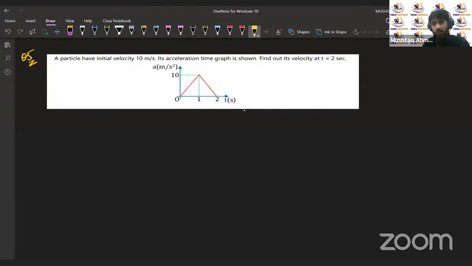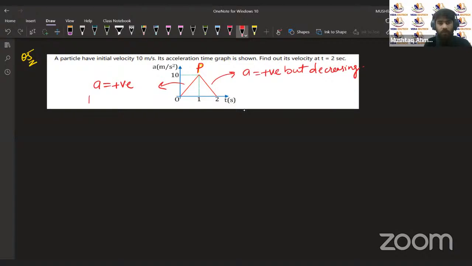The acceleration time graph here goes from O to, let me call this P, and from P to Q. Here the acceleration is positive and increasing, and here it is also positive but decreasing.